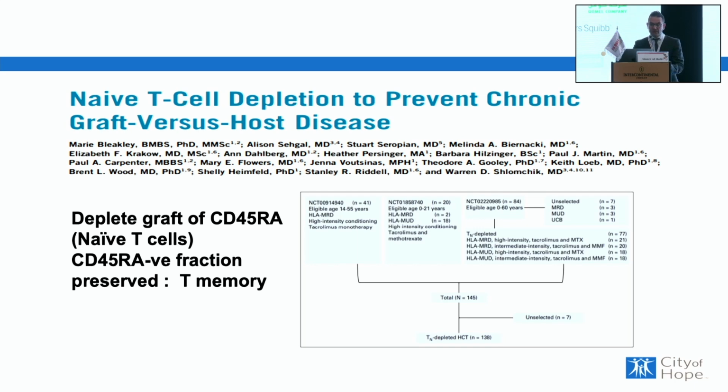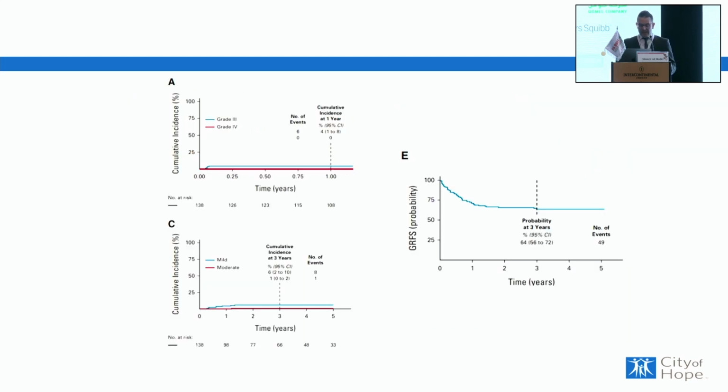Also, some of the other cells that are important, like NK cells, are left behind in the graft. This study was shown here, showing excellent results, but in a single-center approach, and it needs to be reproduced in a multi-center study, especially in the setting of a complicated graft manipulation process.